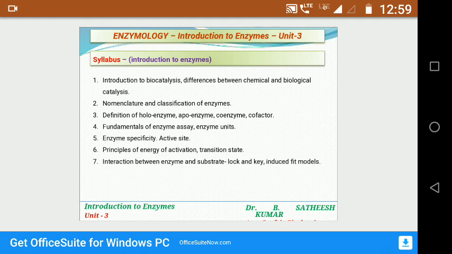And we have already discussed the principles of activation energy and the transition state as well. In today's class, we are going to discuss the last, seventh topic, interaction between enzyme and substrate.